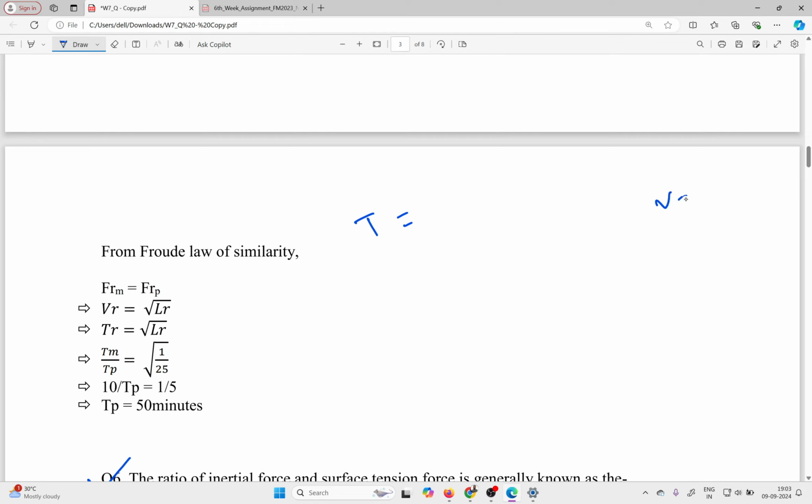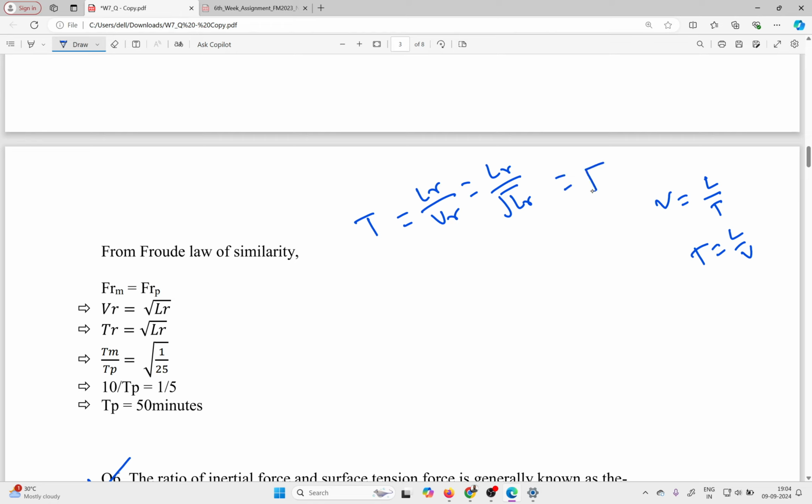Velocity is equal to length divided by time, so time is equal to length divided by V. Here you can write T is equal to Lr divided by Vr, and Vr is nothing but root Lr.